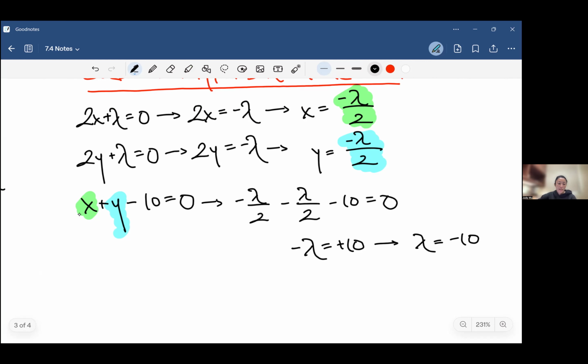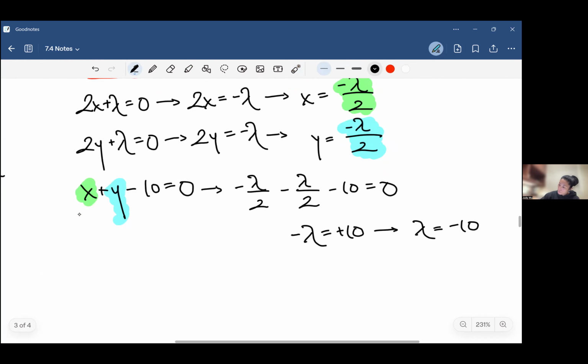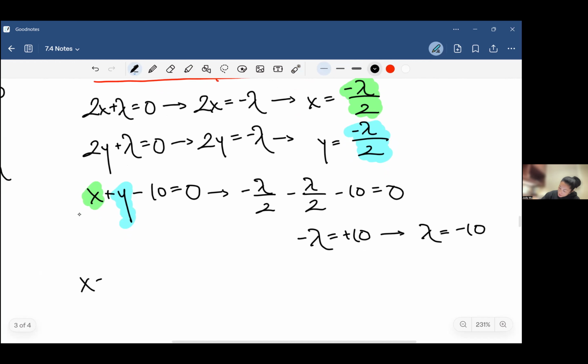All right. Now, once we find our lambda, we can plug it back in to find our x, and we can plug it back in to find our y. Okay. So x is going to be negative 10 over 2, which is 5.